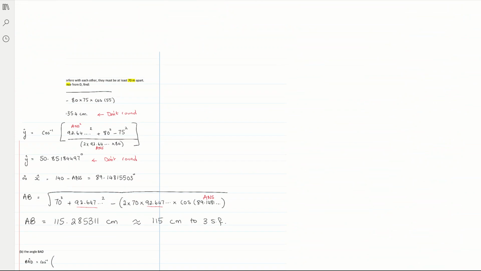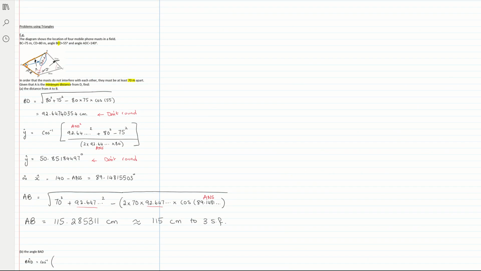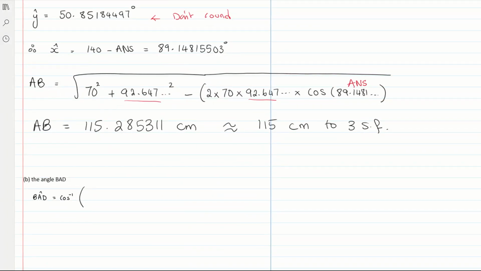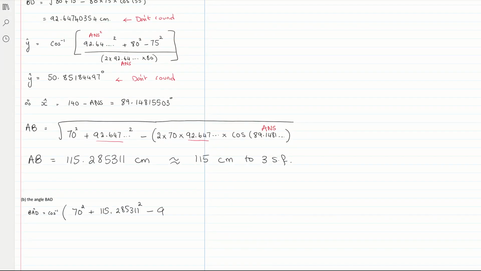And it's going to be 70 squared plus 115.285311 squared minus 92.64740354 squared, over 2 times 70 times 115.285311.